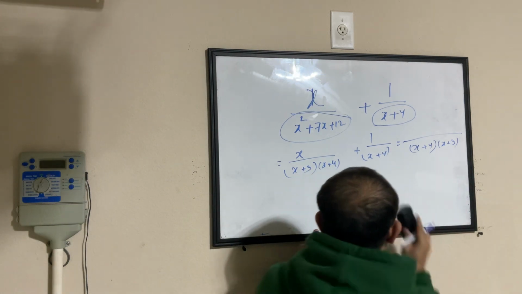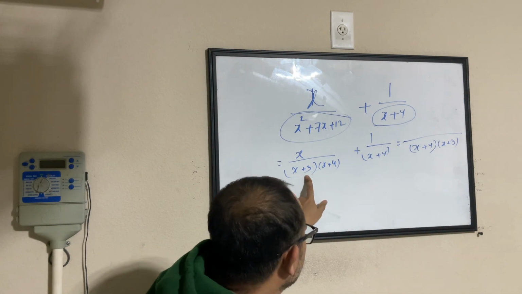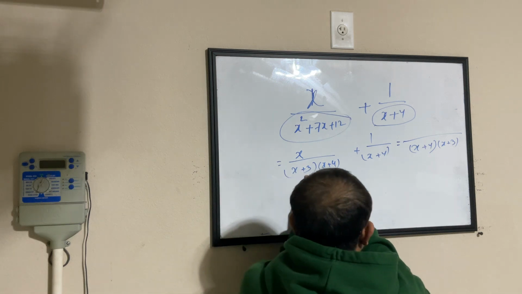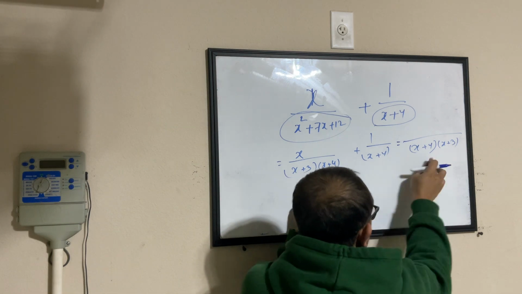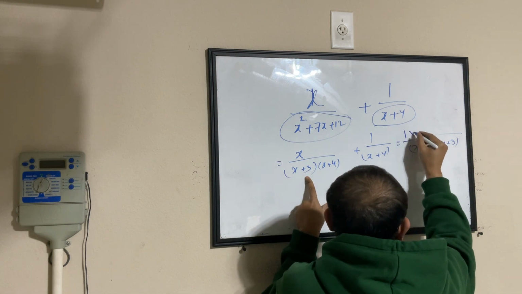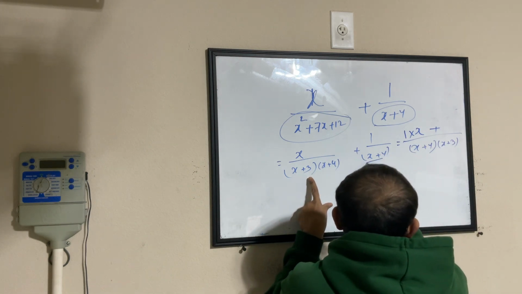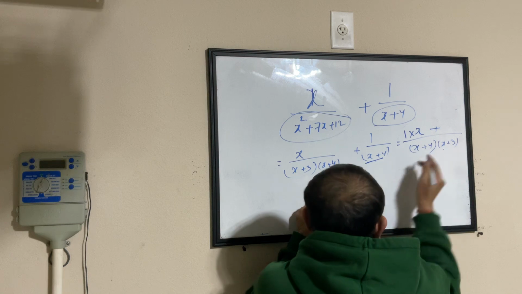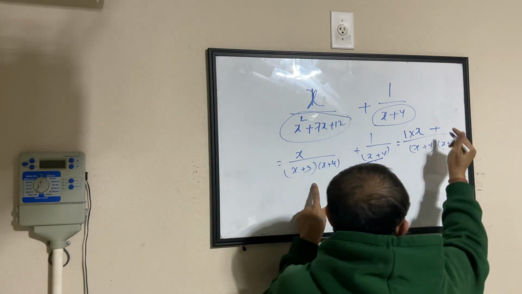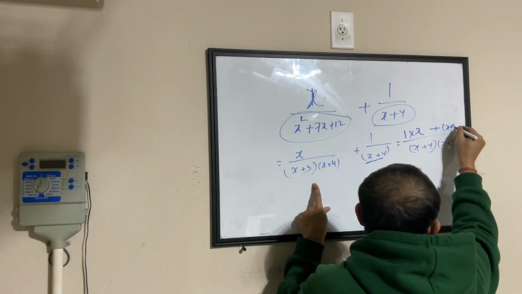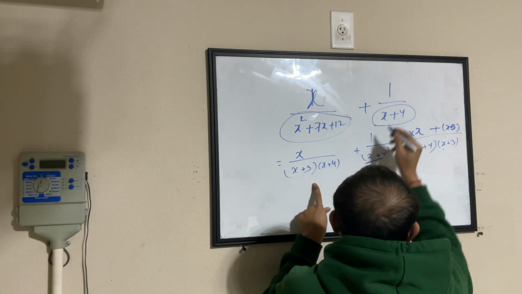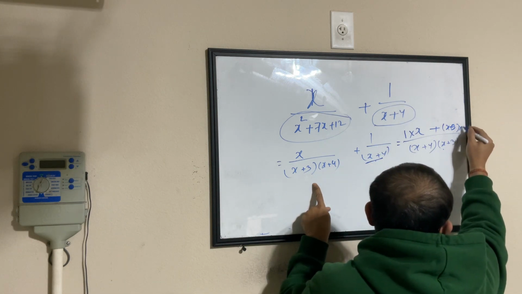Now look at the first term. Here you have x plus 3 into x plus 4, so one time of this gives you the whole denominator. So you will write 1 multiplied by your numerator, which is x. Plus, here this multiplied by x plus 3 gives you the whole value. So this is x plus 3. What is your numerator? You have no numerator here, so this is 1.